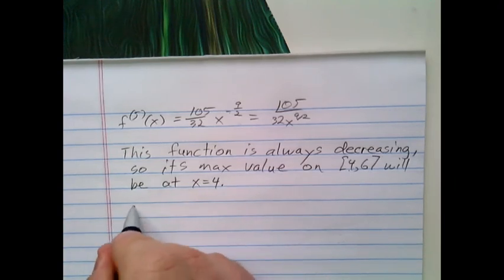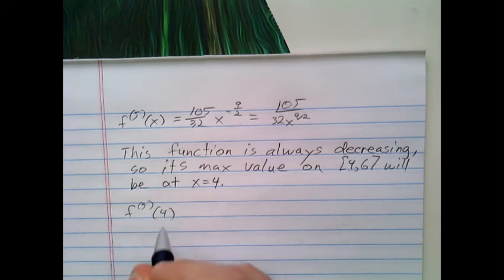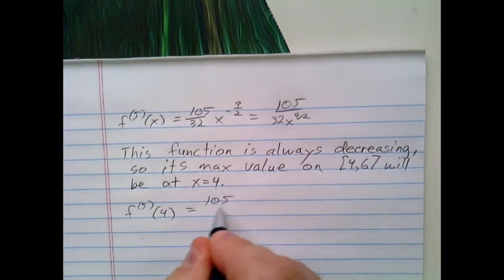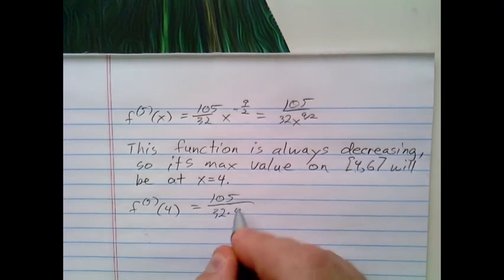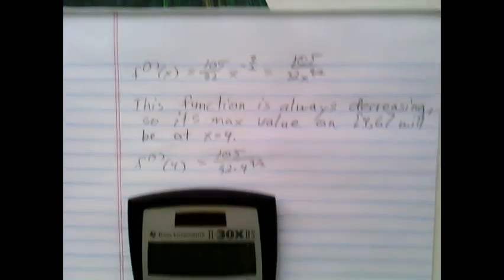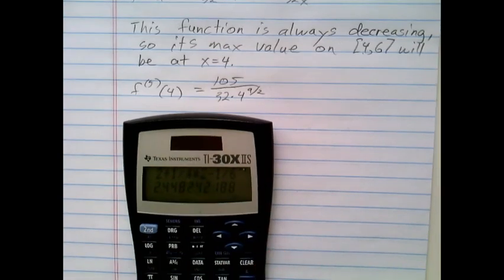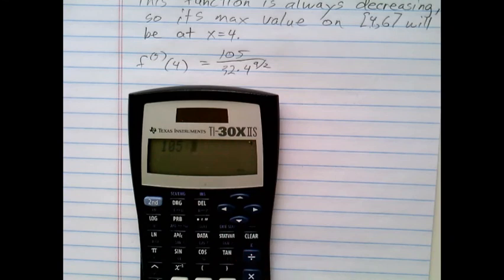Okay, so let's plug 4 in. I want to evaluate my fifth derivative at 4. So that'll be 105 over 32 times 4 to the 9 halves. At this point I want to just let my calculator do the thinking. So 105 divided by 32 times 4 raised to the 9 divided by 2.